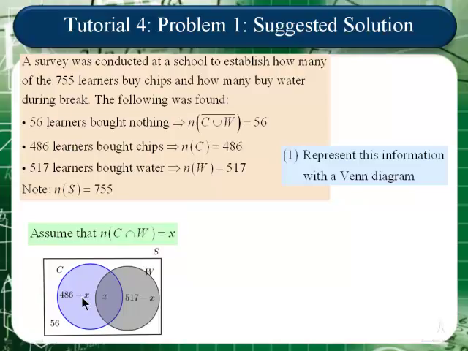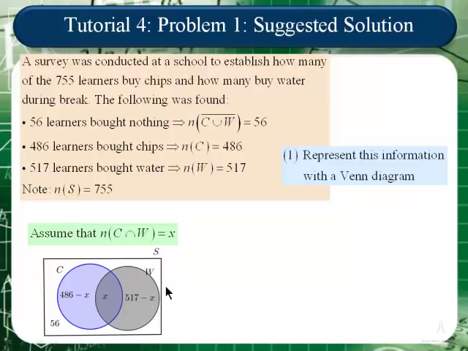So those that bought chips only is the 486 minus the X, so this blue area. While we also were given that 517 learners bought water, so those buying water only is 517 minus X.